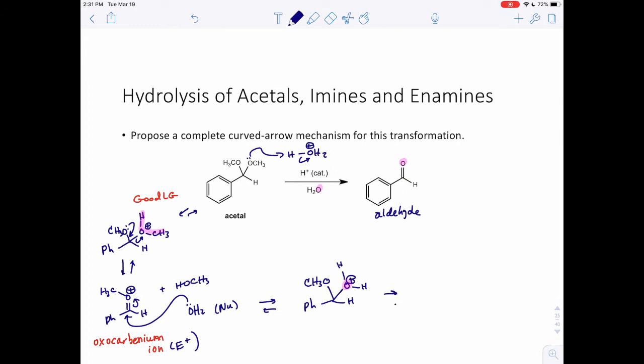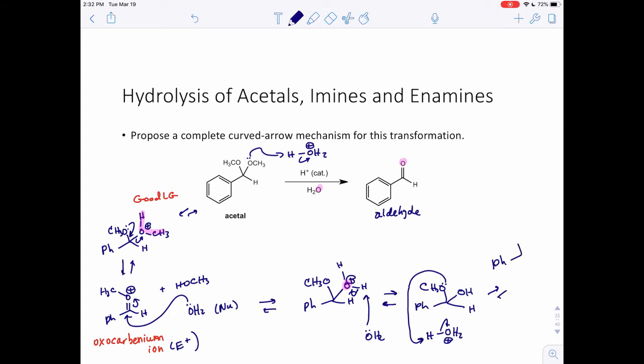Before we can generate methanol here, we're going to deprotonate this intermediate, the protonated hemiacetal. So we deprotonate the protonated hemiacetal, and then we're going to protonate methanol to make it a good leaving group. Our source of protons is hydronium.